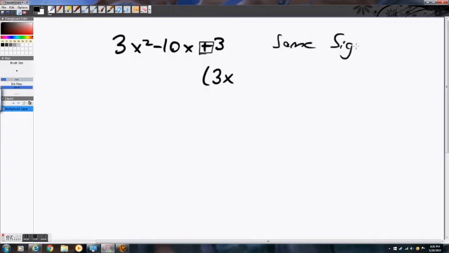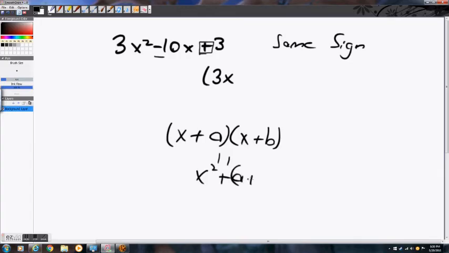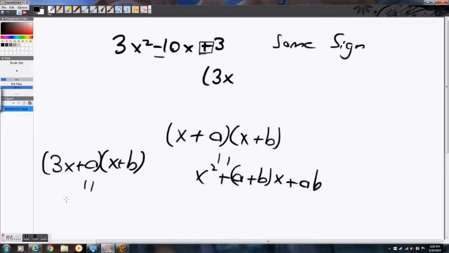And here this is not so simple anymore, because instead of just x plus a times x plus b being x squared plus a plus b times x plus ab, when we multiply this out we'll have 3x plus a times x plus b, and we'll have 3x squared plus 3b plus a times x plus ab.